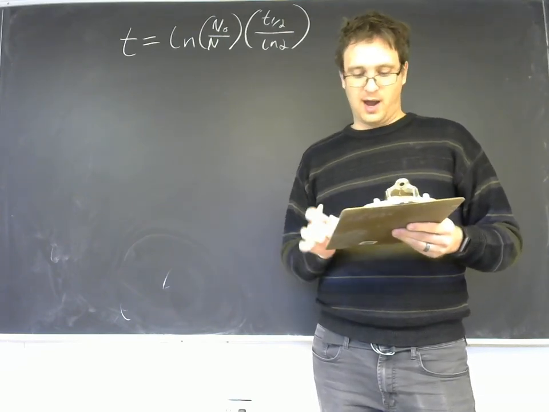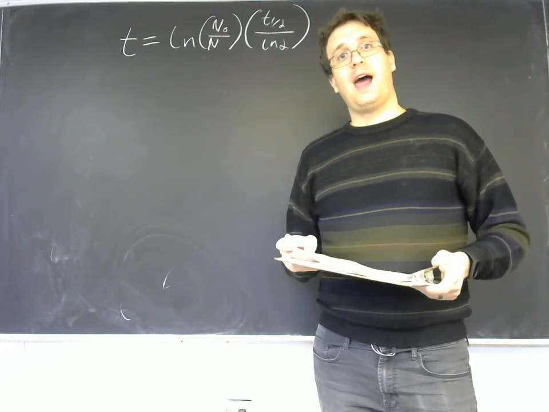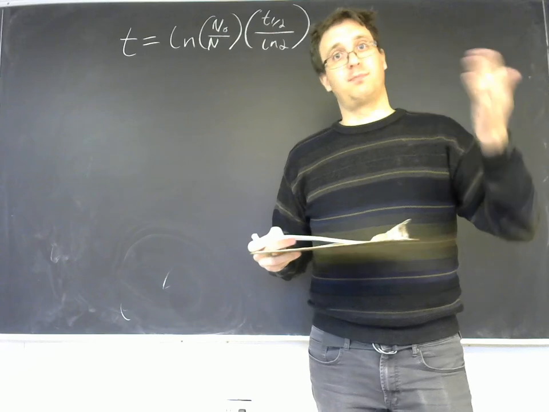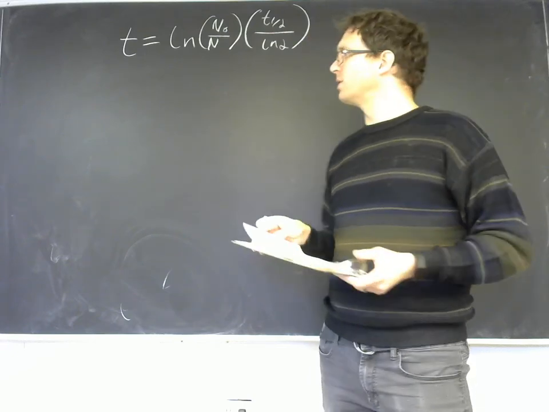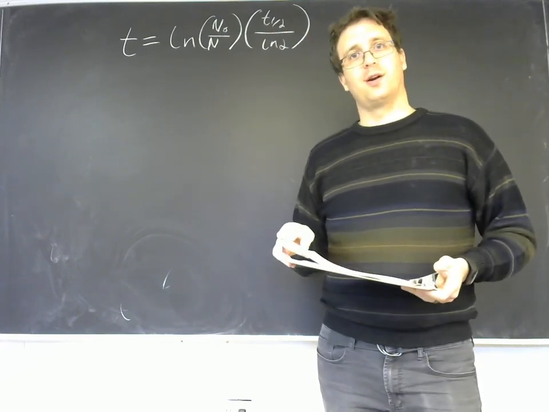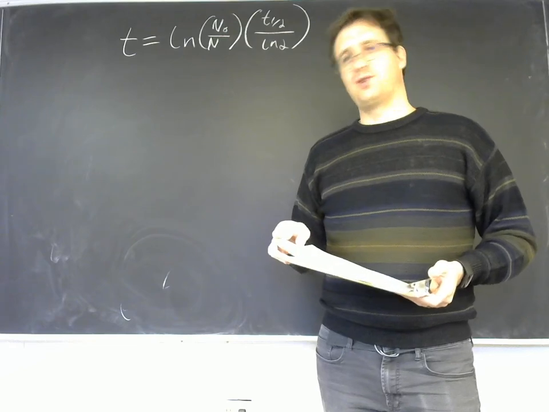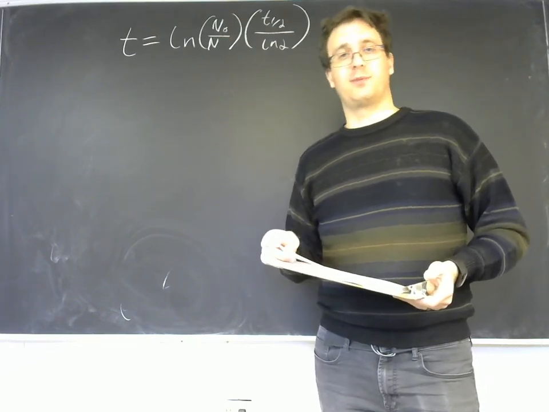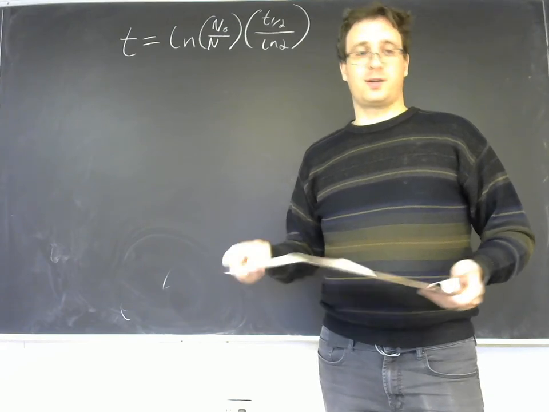It's so reliable, and half-lives can extend into the millions and billions of years, and so it's really our primary technique for measuring the age of things like organic samples that have been preserved or even rocks themselves.